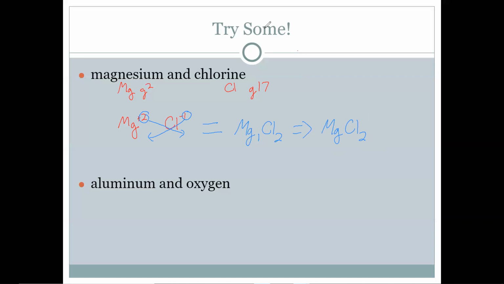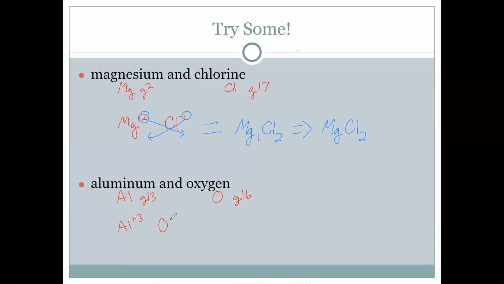Let me switch back. We have aluminum, abbreviated Al, and we have oxygen, which is abbreviated O. Aluminum is in group 13. Oxygen is in group 16. Aluminum is going to have a charge of +3.